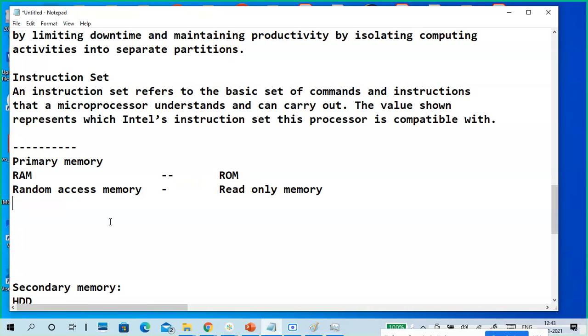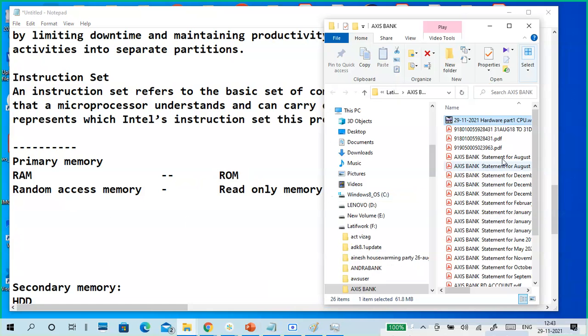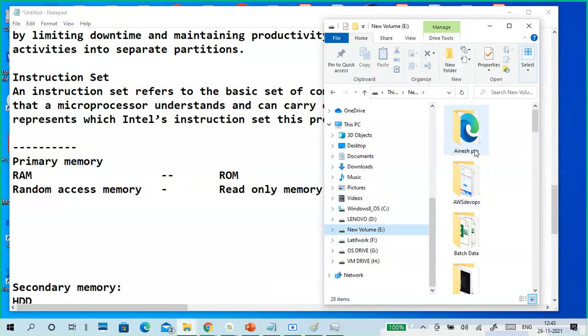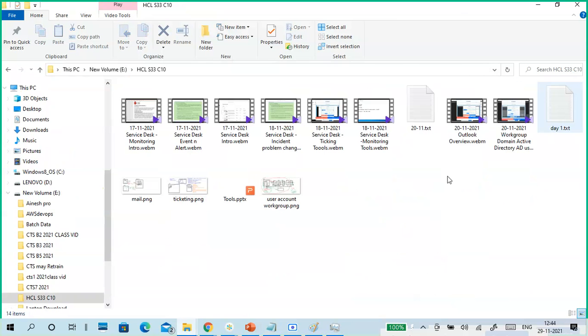What is random access memory? For example, I want to open this file. I can open this file. I will tell you why I'm telling like that.